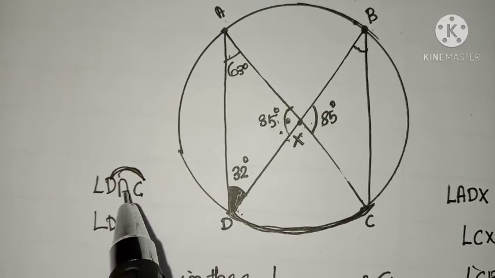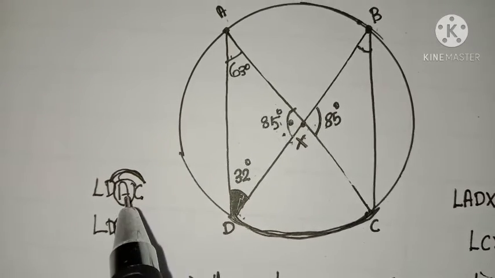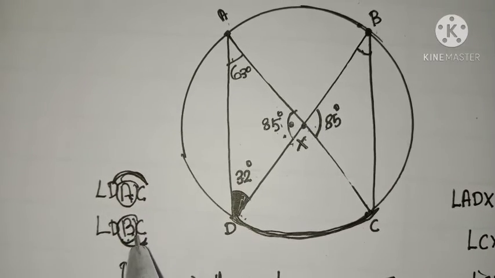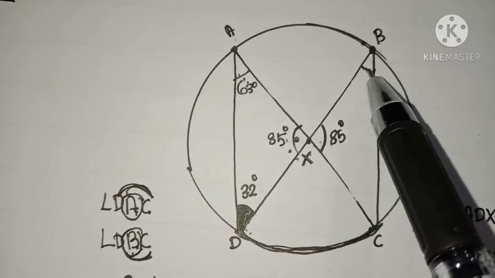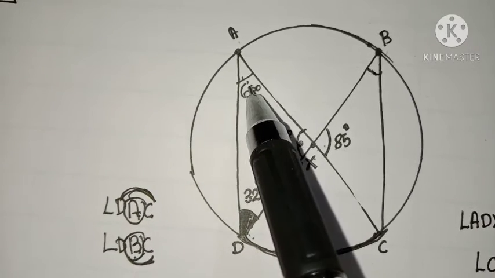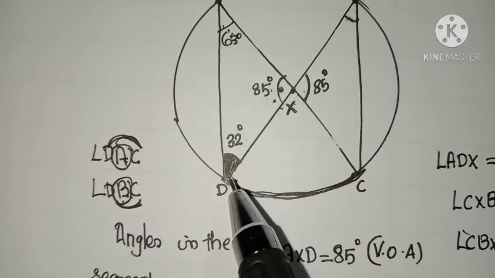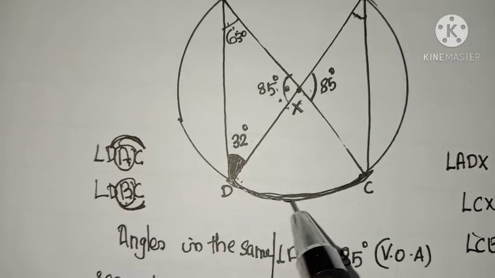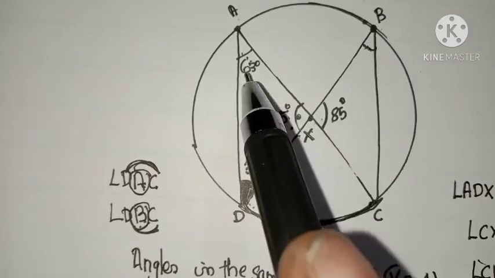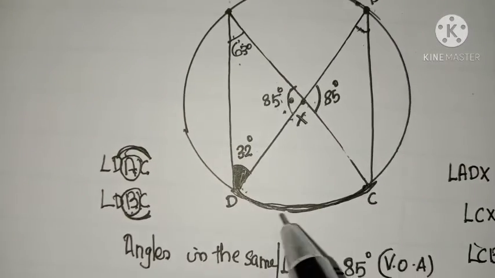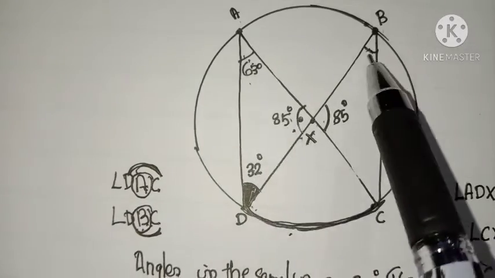So, listen, the middle letters A and B determine our angle. So we can say that angle A and angle B are in the same segment DC. Is that clear? Angle A and angle B in the same segment DC, and therefore the angles are equal.